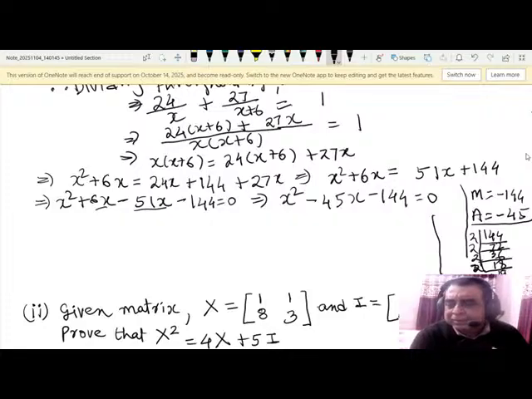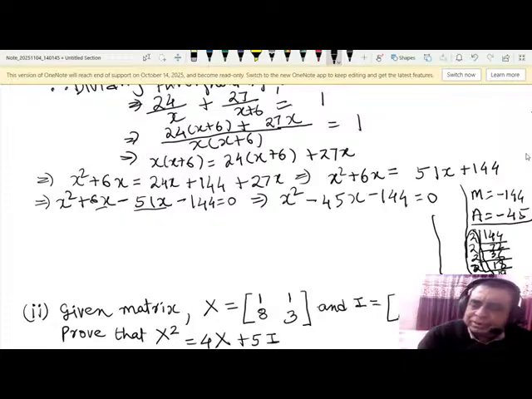Multiply these numbers: 2 times 2 times 2 times 2 is 16, times 3 gives us 48. And this 3. So write minus 48 and plus 3. Multiplying we get minus 144. Adding we get minus 45.